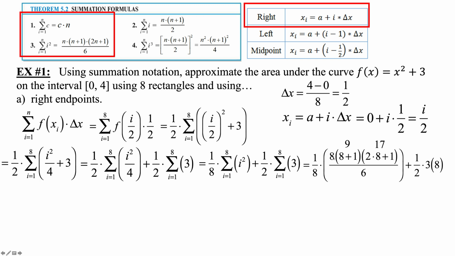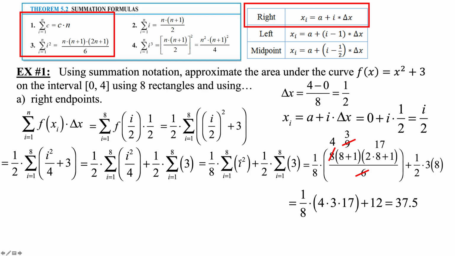6, well, let's see. We got 2 can go into 8 and 6, and 3 can go into 9 and 6. So we're going to steal a 3 from the 9, a 2 from the 8, and cancel that with the 6. 17 is not going to do us any good there. So this gives me 1/8 times 4 times 3 times 17, plus here was 24 times a half, 12, and this is all 37.5.